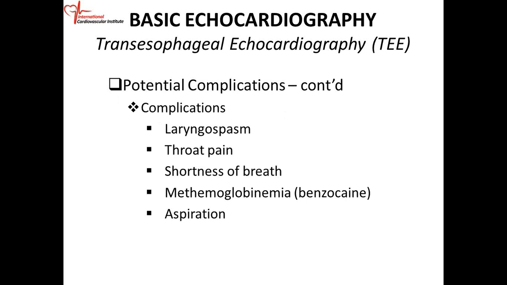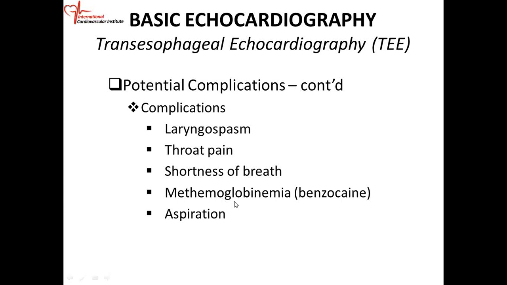So you have to put the pulse oximetry on to monitor the oxygen level in the patient, because they can develop laryngospasm. They can have pain in the throat, because you're putting in this probe and you can traumatize the patient's throat. They can have shortness of breath. Okay.